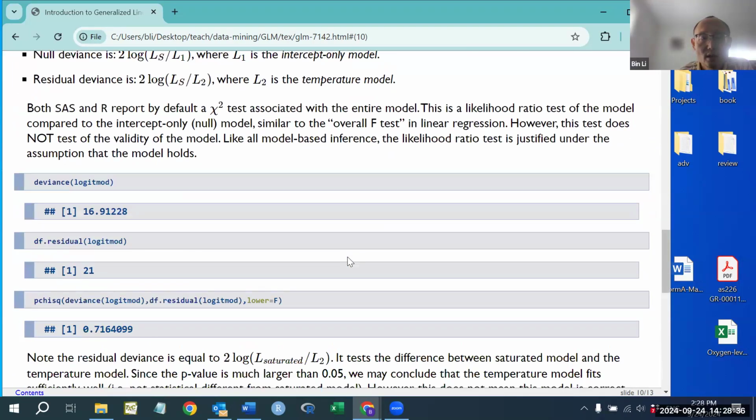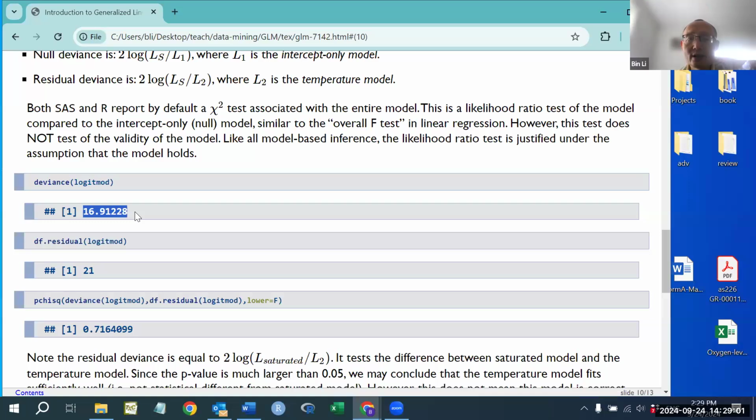In other words, our simple logistic regression that only includes temperature has no significant difference from the most complicated model. So that means our model fits the data adequately well, right?